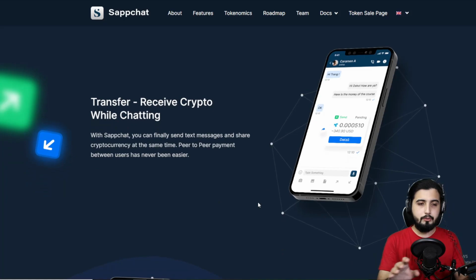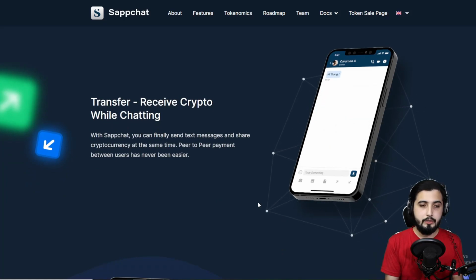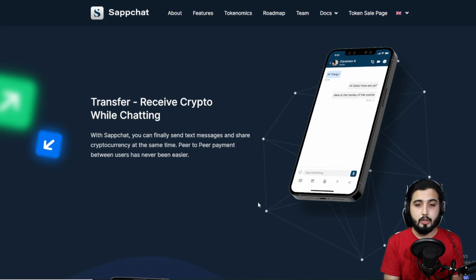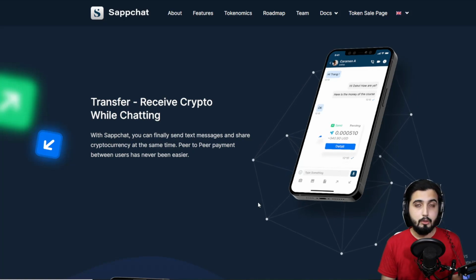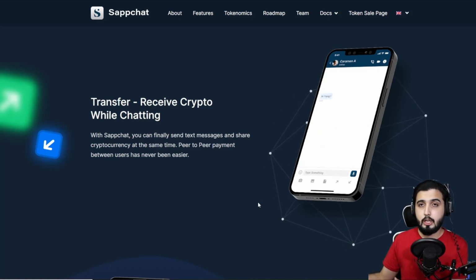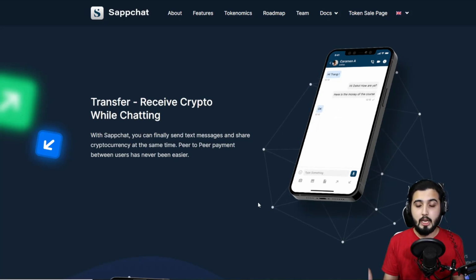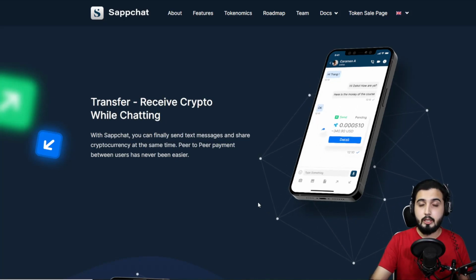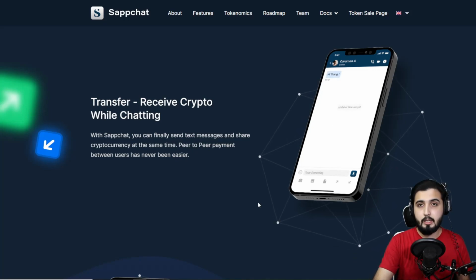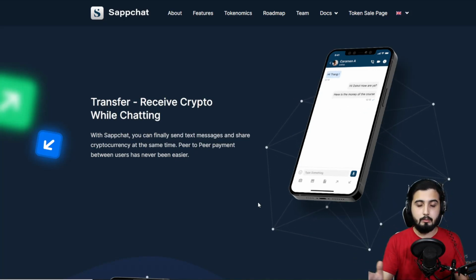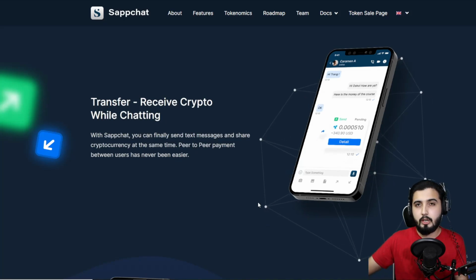Now, coming to the first thing: transfer and receive crypto while chatting. While you're chatting with different people, you can actually trade with crypto. You can send them crypto in any of the 200 compatible tokens that are allowed to be swapped. You can even get into a peer-to-peer trade, a peer-to-peer payment between users. Peer-to-peer basically means there's no third party involved.